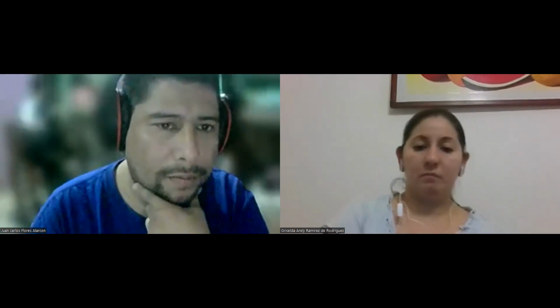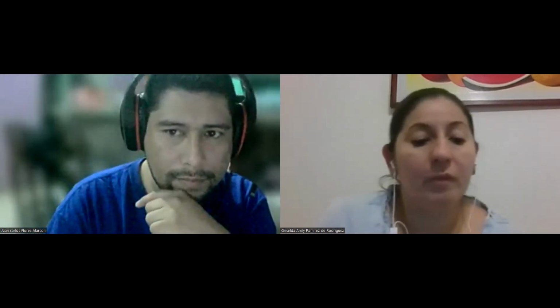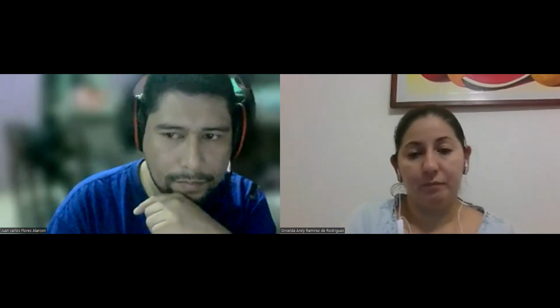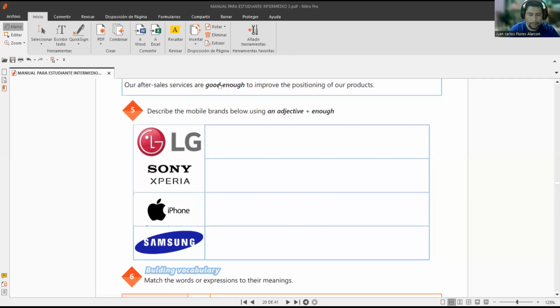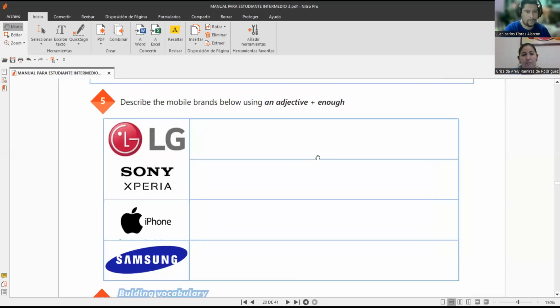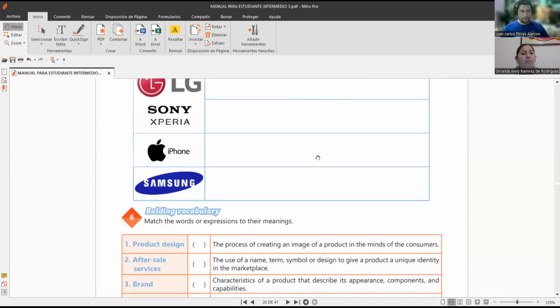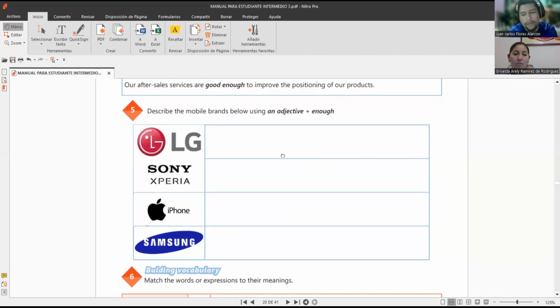¿Alguien puede compartir? Describe the mobile brands below using an adjective. El G, vamos a hablar de los teléfonos, ¿verdad?